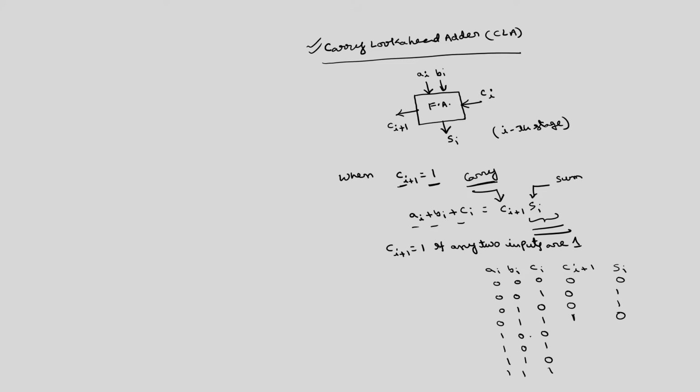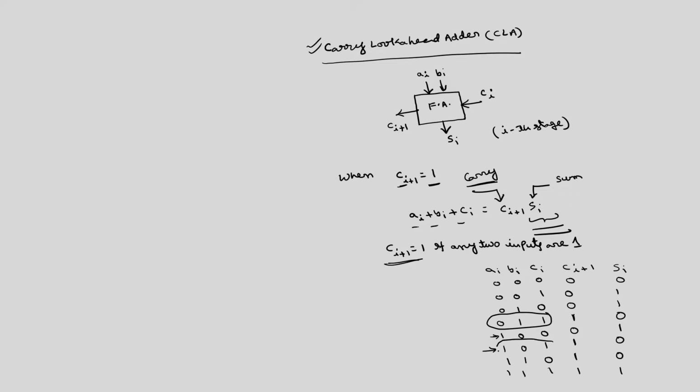And here also, because only one input is 1, carry is 0, but sum is 1. Here two inputs are 1, so carry is 1, sum is 0. Here also carry is 1, sum is 0, and here both will be 1s. This is the truth table of a full adder, right. So, the condition for Ci plus 1 to be 1 is that at least two inputs have to be 1.